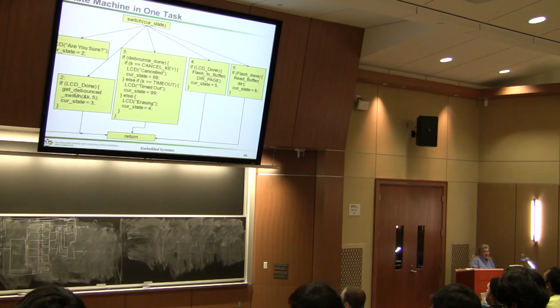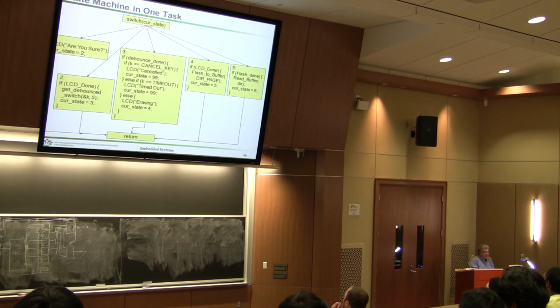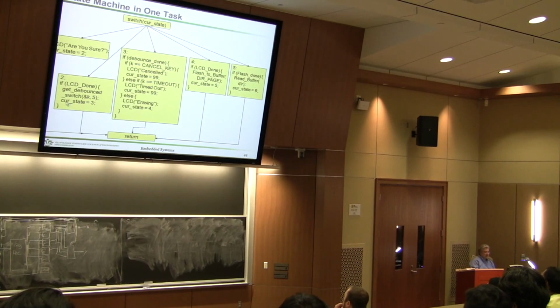Then you're in this state waiting for the reply of the LCD done, and once the LCD is finished displaying, then you can start debouncing the switch, and when it's done debouncing the switch, then you can decide if it's going to be canceled or timeout or erase.